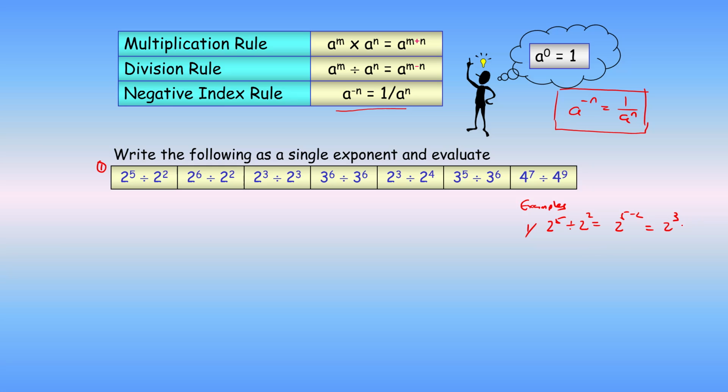Okay, if you want to work that out, that will give you 8, and so on. Okay, so I'm going to give you a couple of minutes, hit pause, carry on. When you're ready, hit play again and we'll go through these questions.